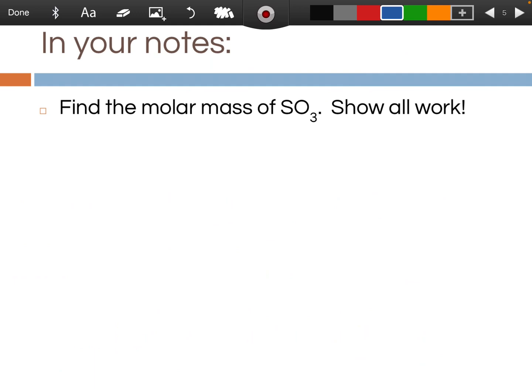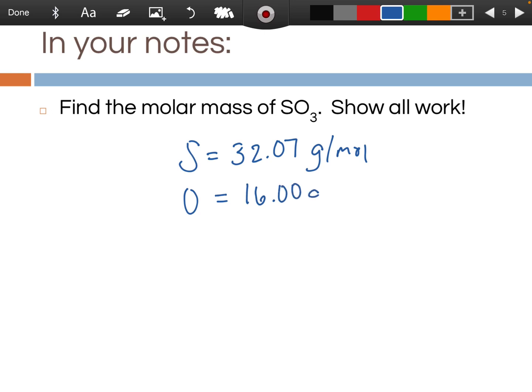In your notes, we'll add 2 examples. If you were finding the molar mass of SO3, you would again use your periodic table. The mass of sulfur is 32.07 grams per mole. Oxygen has a mass of 16.00 grams per mole.